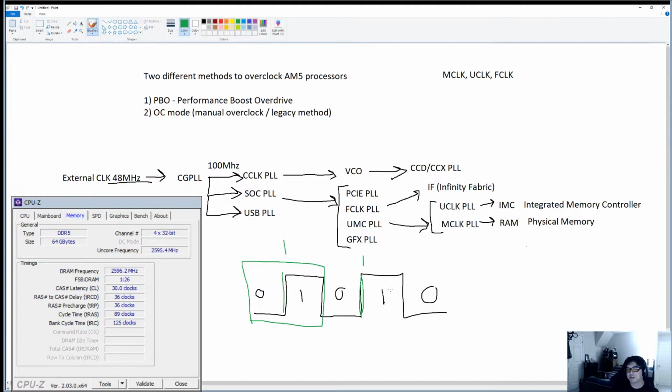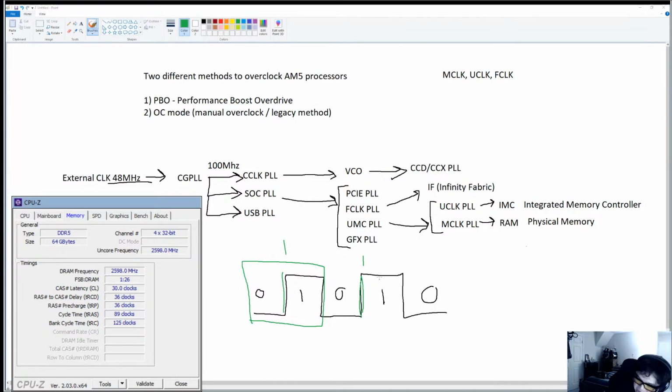That is synchronous mode, and that is the mode that you get when you're running uclock equals memclock. So when you have it in the BIOS, if you're tuning the memory and you set uclock equals memclock, that means every clock cycle, it will do a command. So it's a 1-to-1 ratio. It's a synchronous ratio.